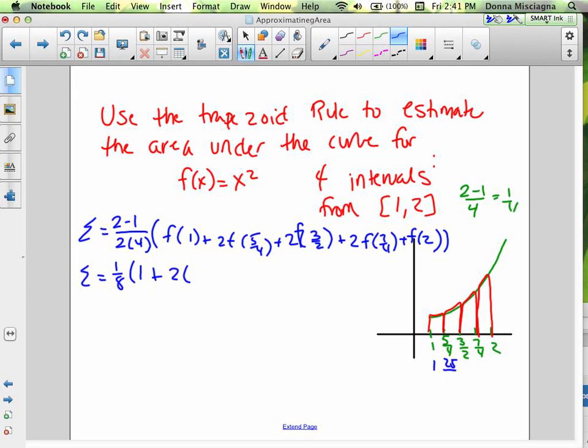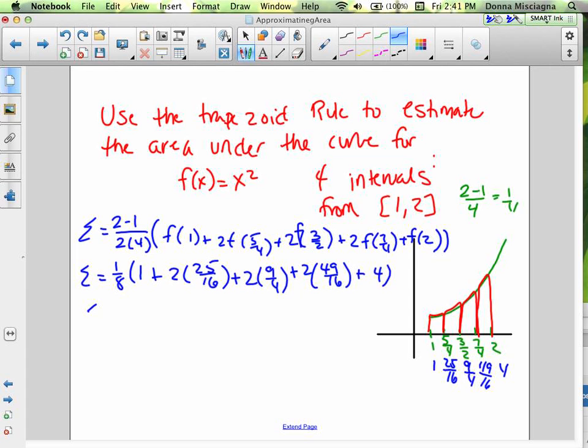That's 25/16. 3/2 squared is 9/4. 7/4 squared is 49/16. And then we just use the 2 squared, or 4, one time. And yep, got all the parentheses I needed.